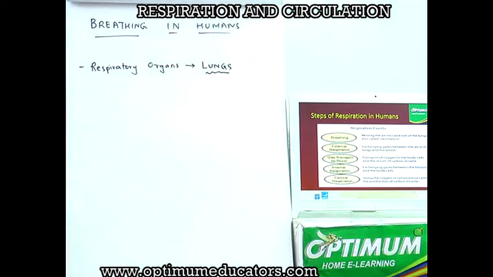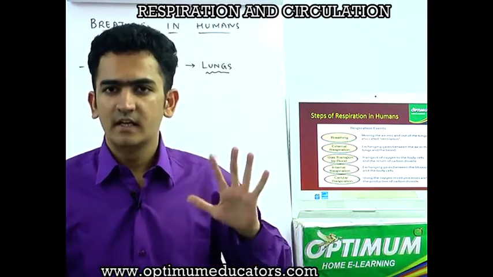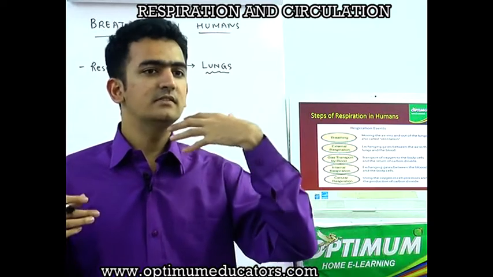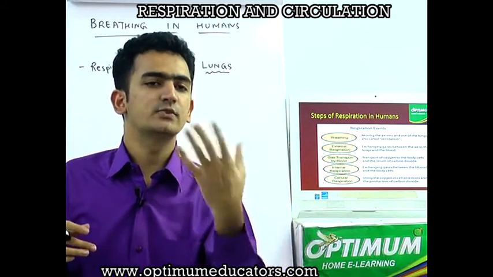Now if you look at the location, lungs are located in the region of the chest, inside the body. You cannot see anyone's lungs directly through the surface, just how you can see someone else's eyes and someone else's ears.